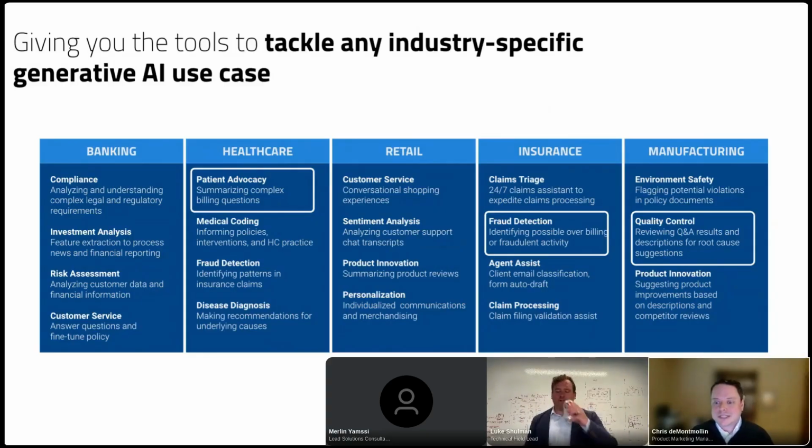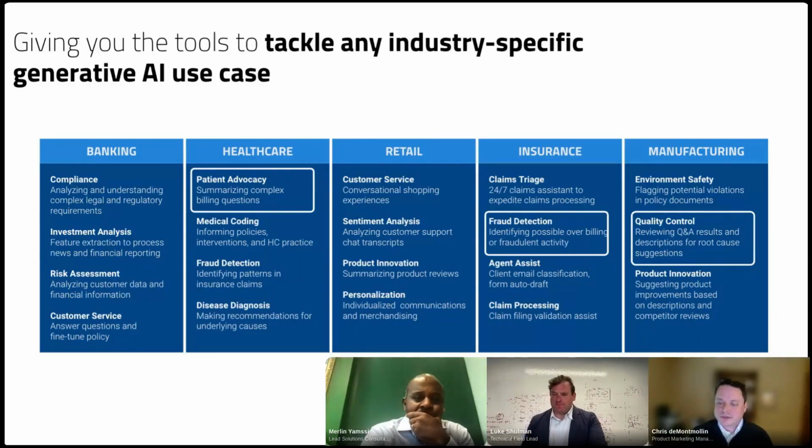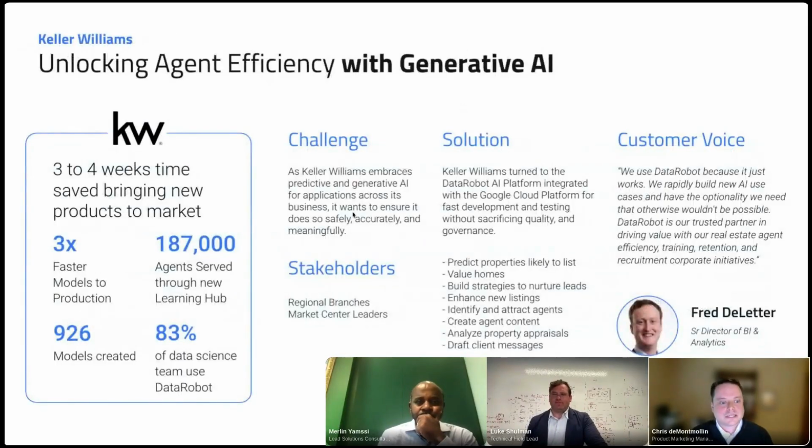Imagine a field technician holding a tablet that's able to query specs for large equipment, or query steps for how to solve things, and help troubleshoot along with a generative AI assistant. So a lot of different use cases across industries.